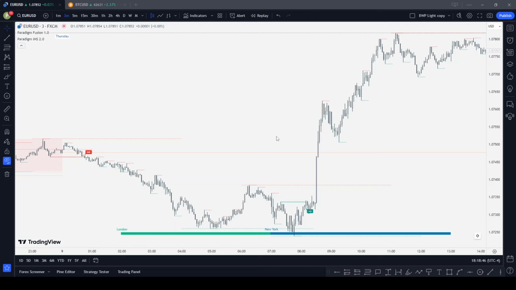Now, it may be profitable for a few weeks or even a few months, but over an extended period of time, say a year, 2 years, 3 years, or more, it's going to turn out negative, without daily bias, or without a clear narrative of what you think price is going to do.